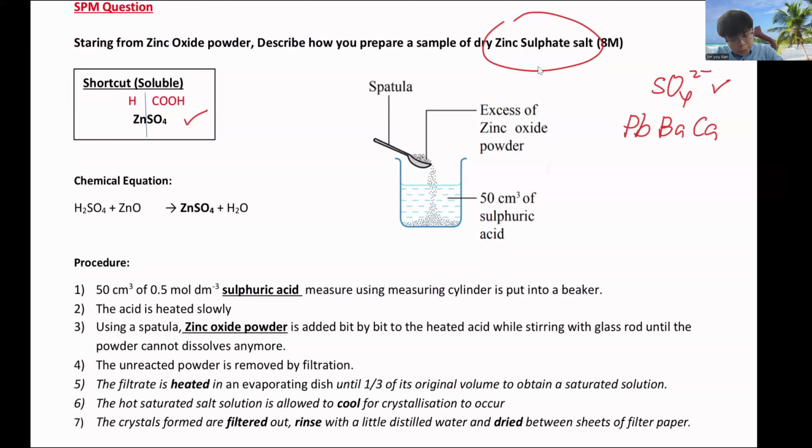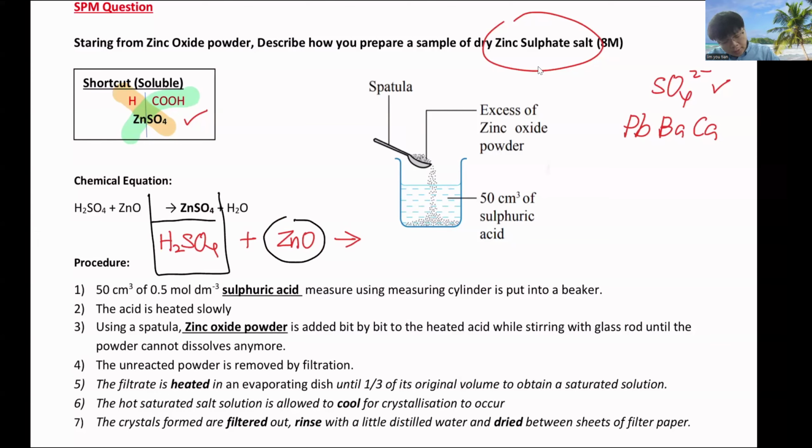So what do you need? First, you need a sulfuric acid. Plus, on the other side, any insoluble zinc compound. Try not to use zinc, try to use zinc oxide or zinc carbonate. So after that, this is the solution, this is a solid. At the end, you get your zinc sulfate.